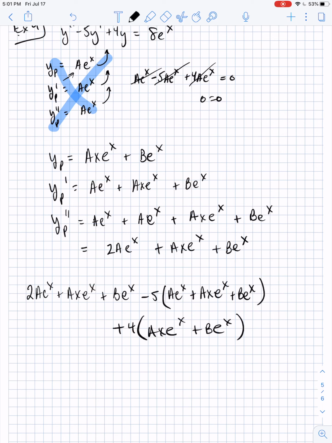Okay, so let's see. So here I'm going to wind up getting a negative 3a e to the x minus 4. Well, that's nice.